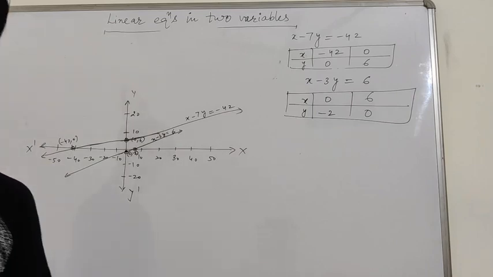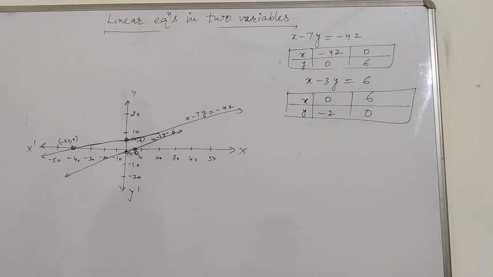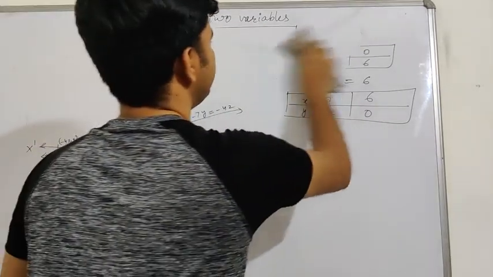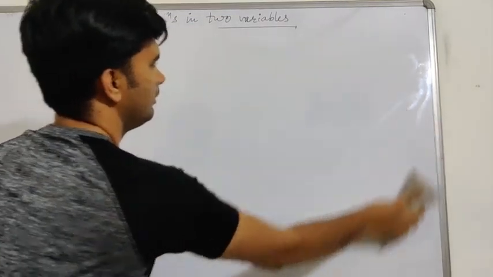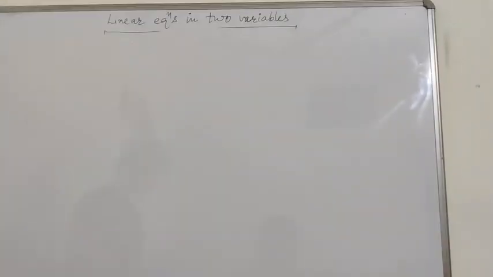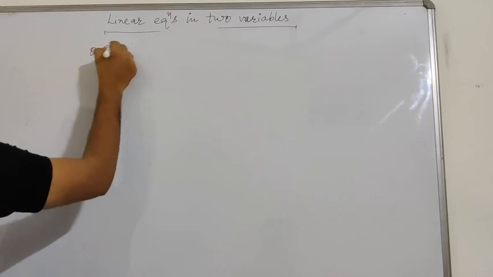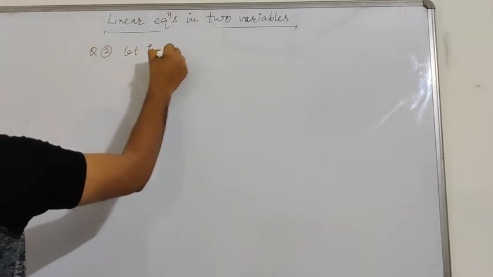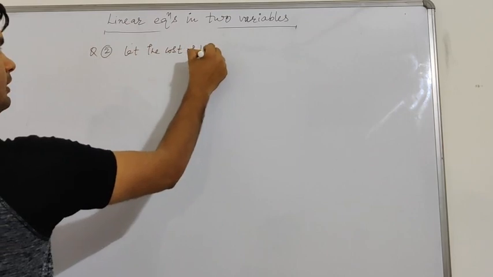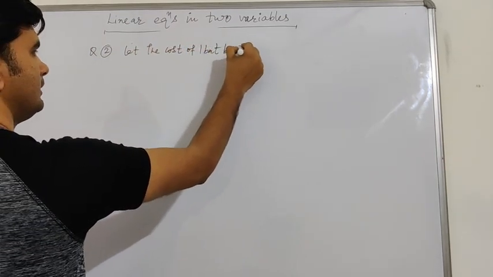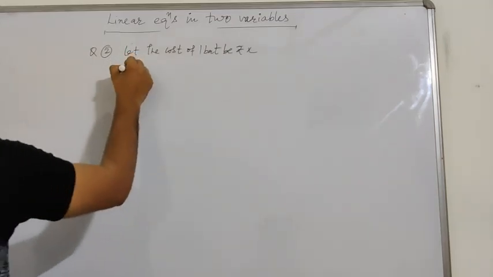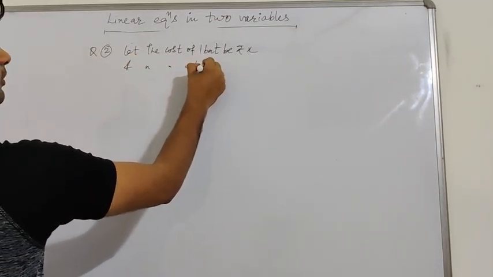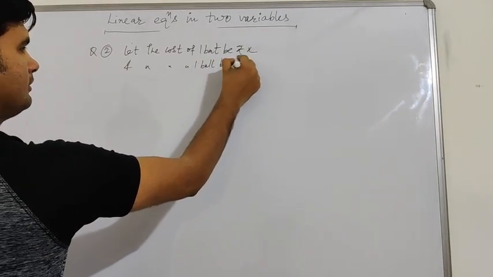Then come to the next question. The coach of a cricket team buys 3 bats and 6 balls. It means here two things are there, bat and ball. So we will assume, let the cost of one bat be rupees x and the cost of one ball be rupees y.